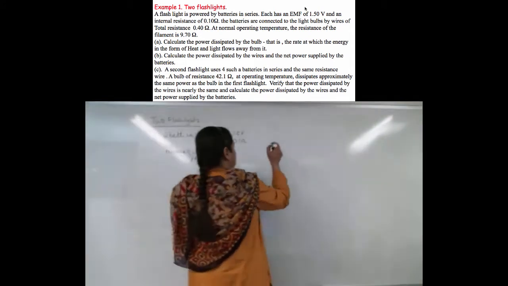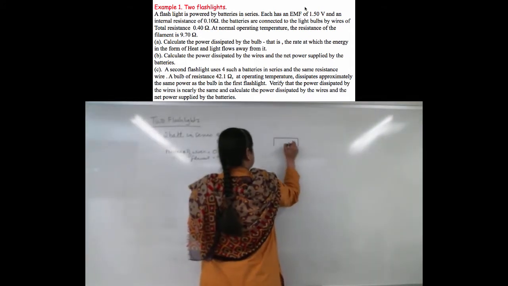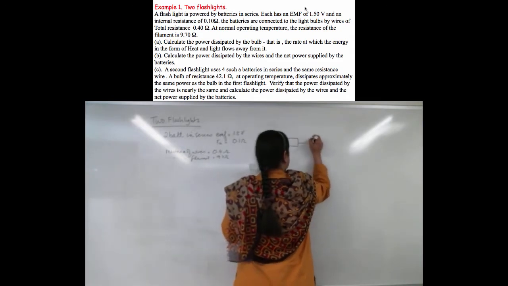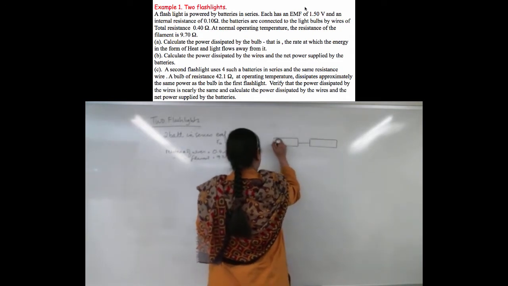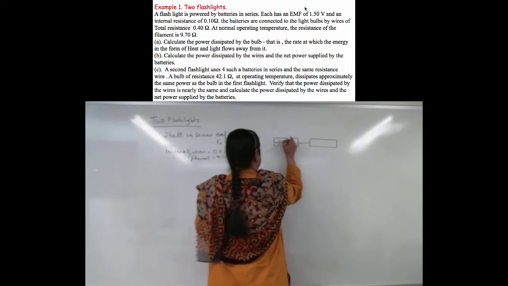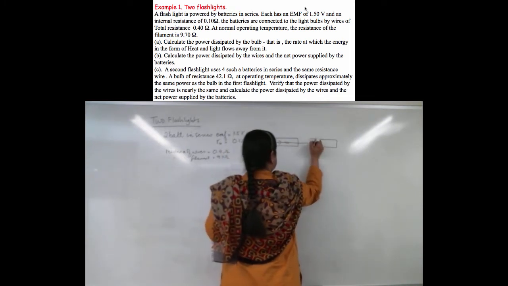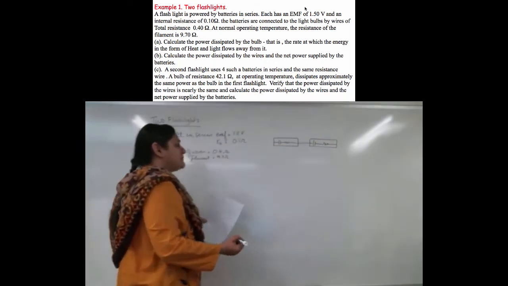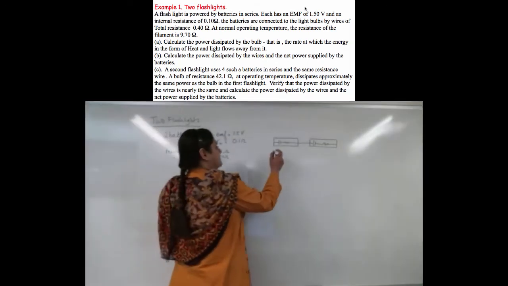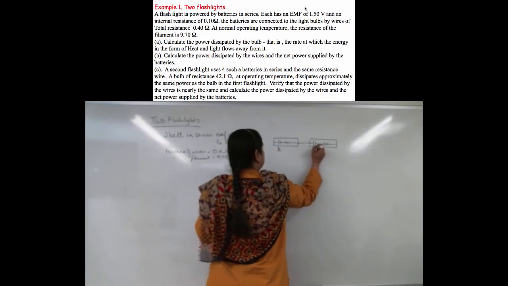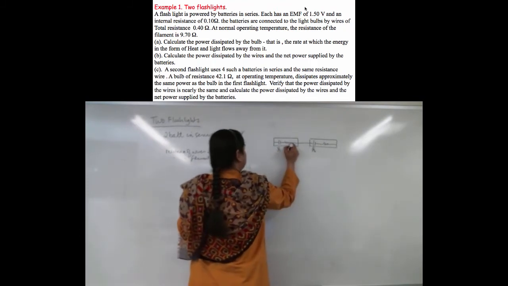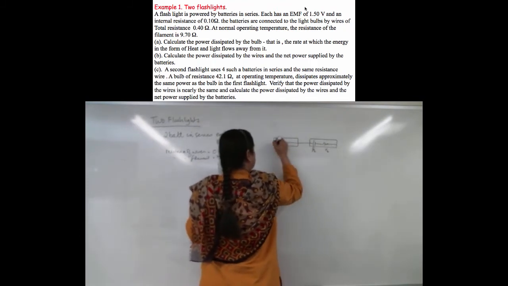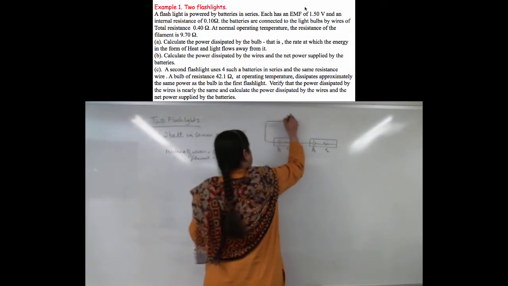So I have 2 batteries in series with each other, so I can redraw them like this. It'll have an EMF source and an internal resistance, an EMF source and an internal resistance, right? So these are my 2 batteries. This will provide E1, E2, r1, r2, and then I have a wire.